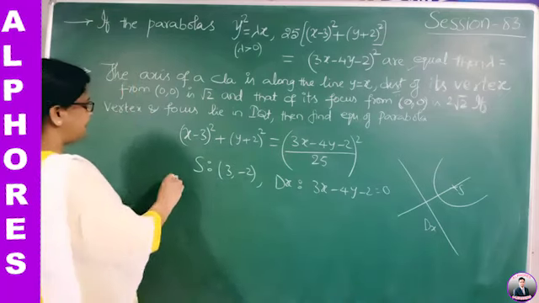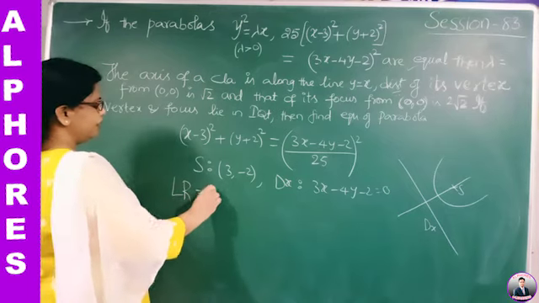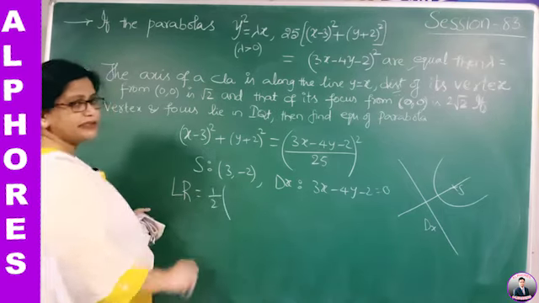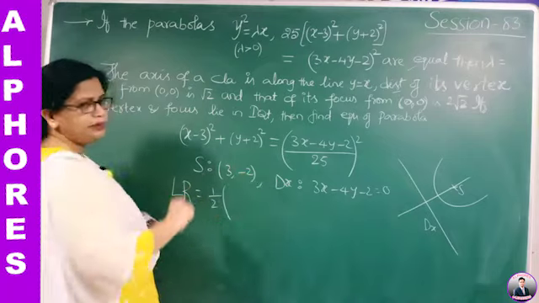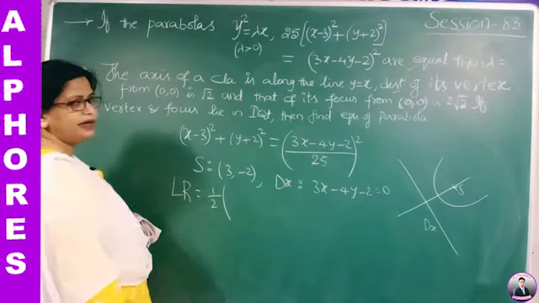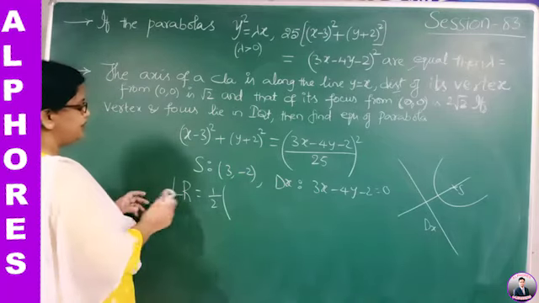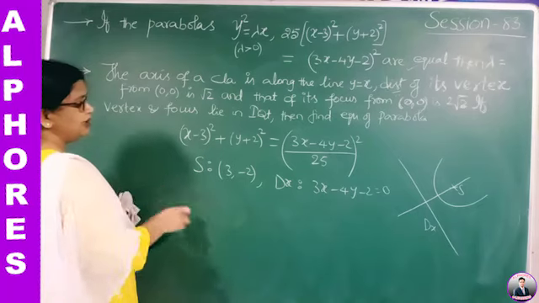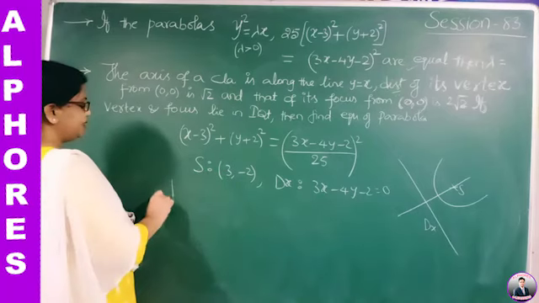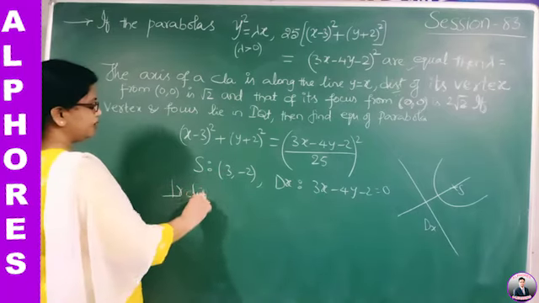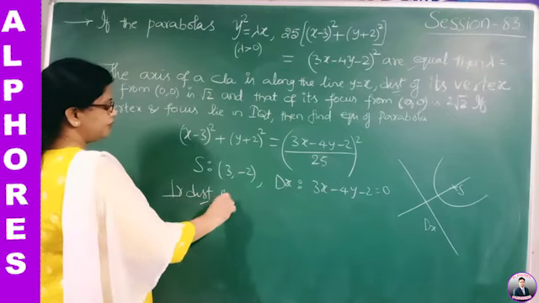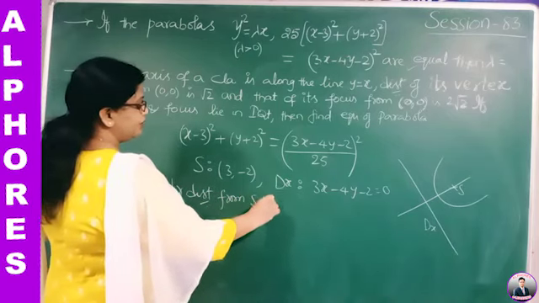Therefore the length of the latus rectum is nothing but double the perpendicular distance from the focus onto the directrix. So what is that value here? That means this value we are finding, it is nothing but SZ. So first I am finding the perpendicular distance from the focus onto the directrix.